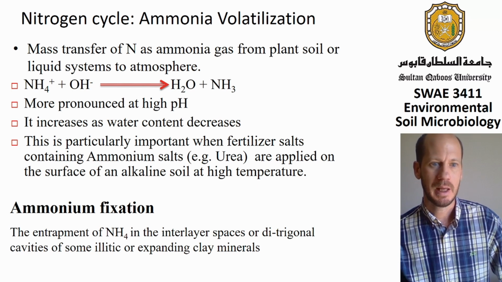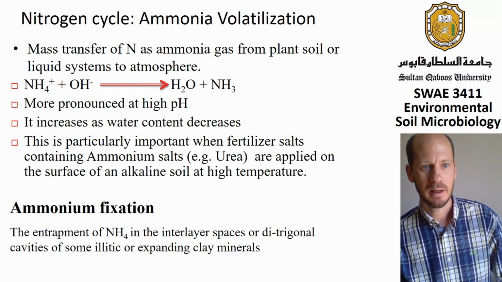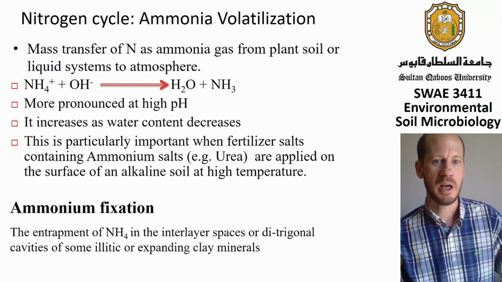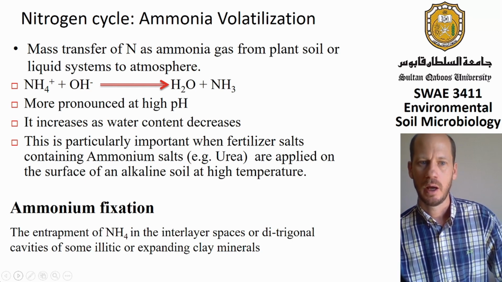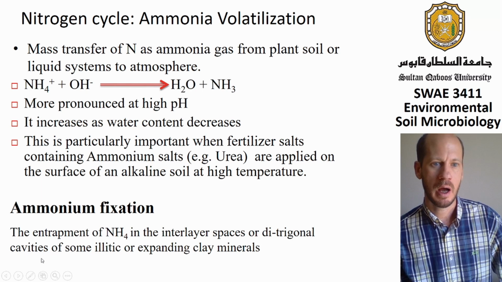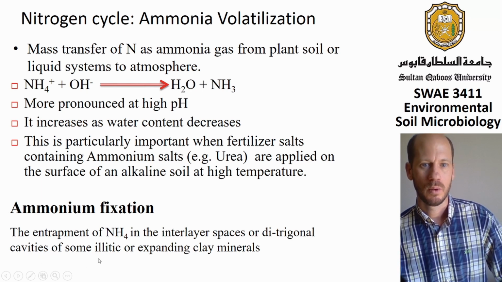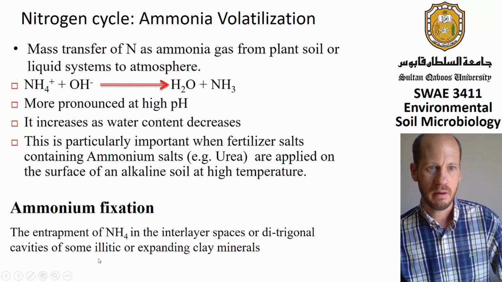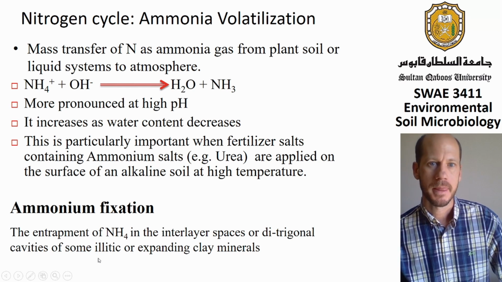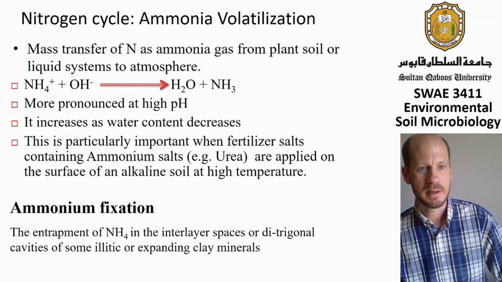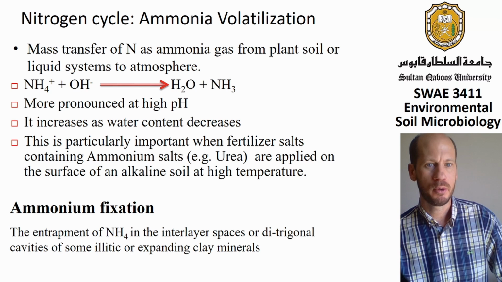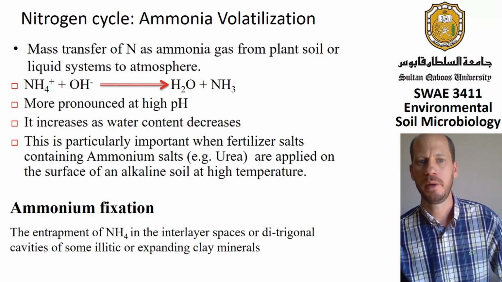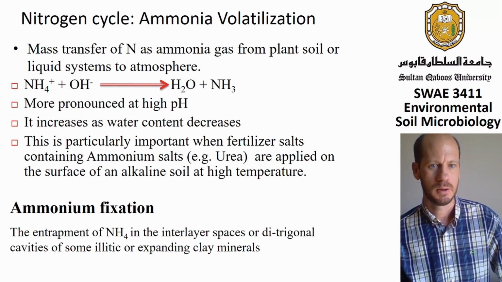But that volatilization means that the ammonium is leaving behind one hydrogen, and that hydrogen needs to have a hydroxyl as a counter ion. Because of that, the rate of volatilization is higher, more pronounced, when you have high pHs, alkaline conditions.